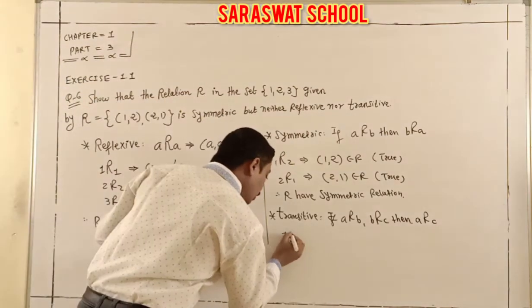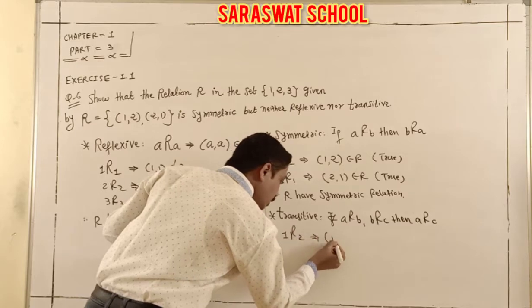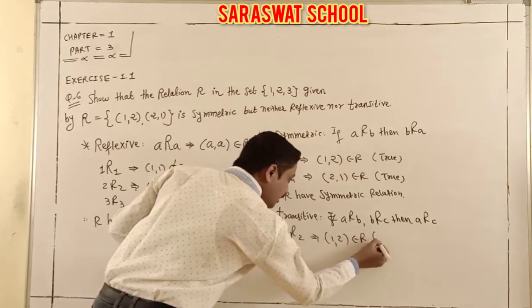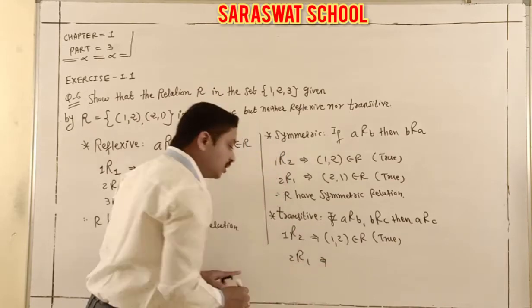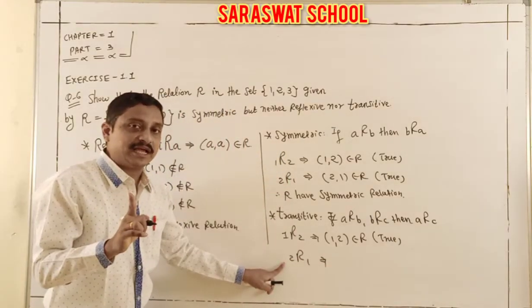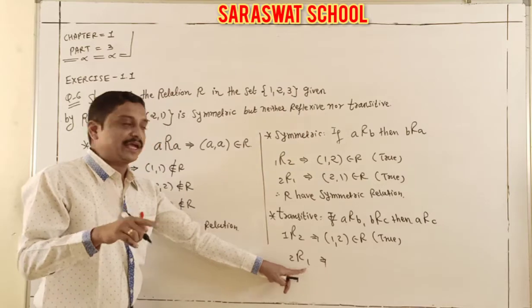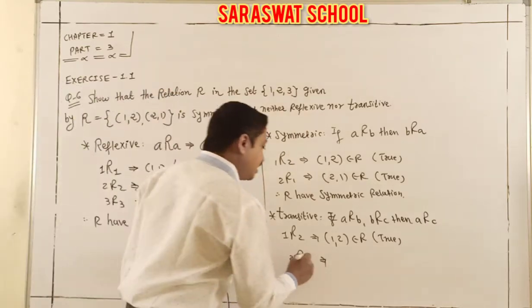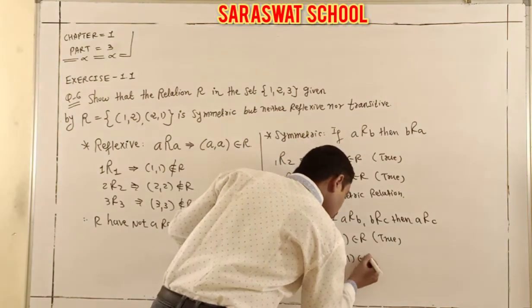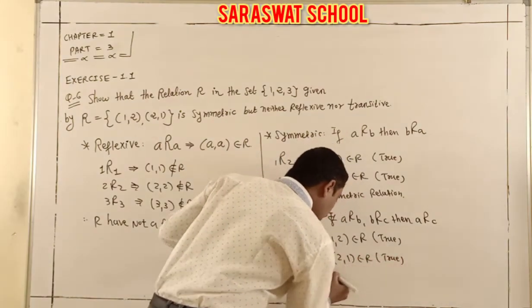So (1, 2) belongs to R, yes, true. Second, now (2, 1). We cannot consider other numbers like (2, 3), because according to the question we cannot write it down. So I take (2, 1), check, belongs to R. That is also true.